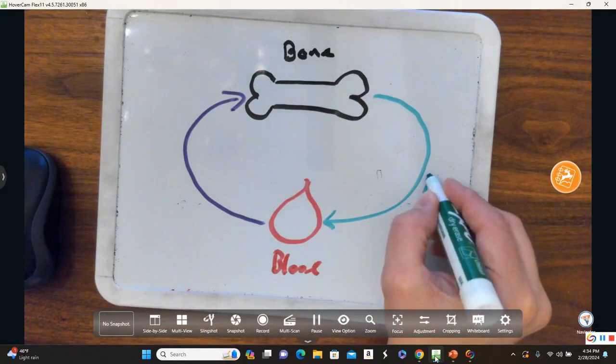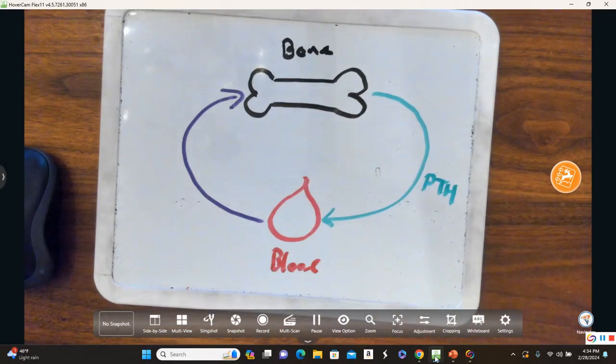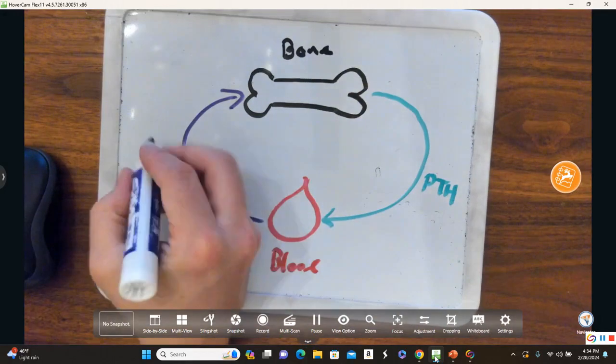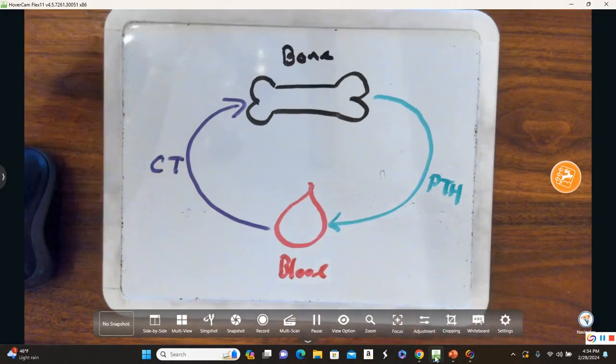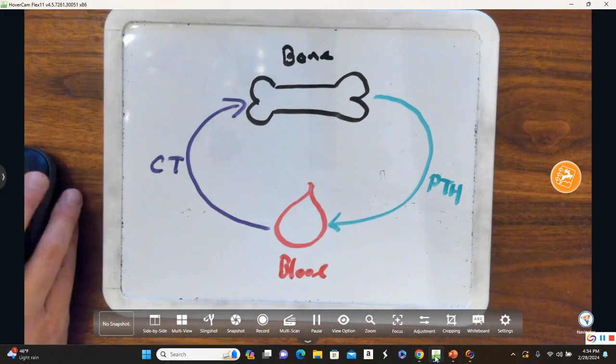We need a hormone called parathyroid hormone. If we want to do the opposite, we need calcitonin, CT. Okay? These are the 2 hormones that we really need to focus on physiologically. These 2 hormones are going to be doing all the things that we need to do, and this gives us the big picture of the science that we're going to learn.